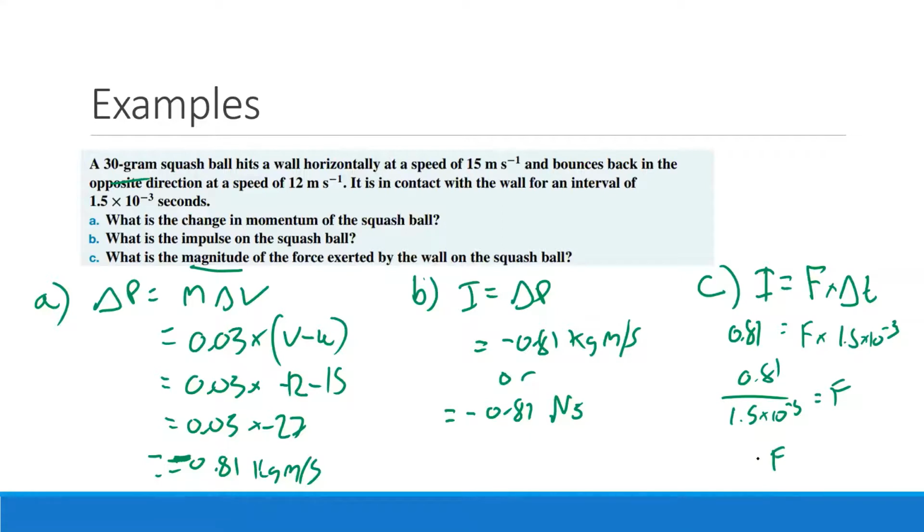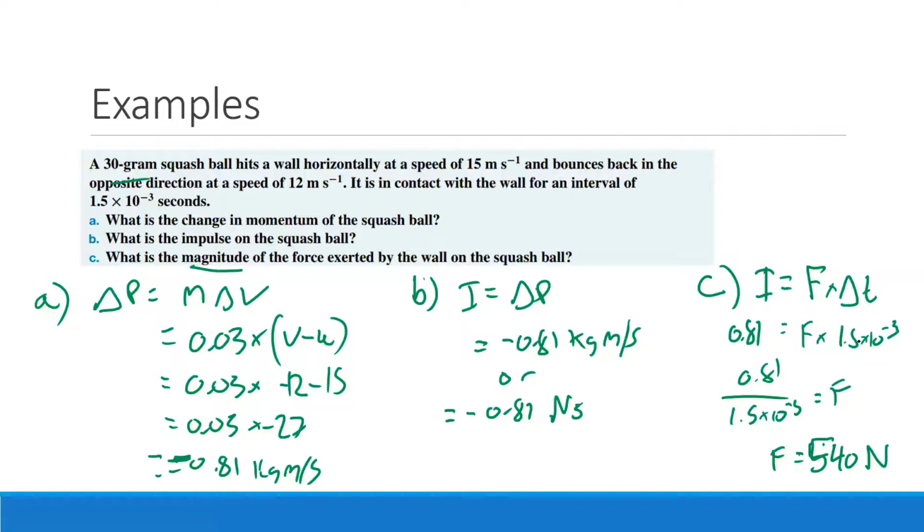Now you guys might be saying, sir, why did you drop the negative sign? I don't need the negative sign. I just need the size, the magnitude. So it doesn't bother me what direction that force is acting. 0.81 divided by 1.5 times 10 to the negative 3 gives us 540 newtons. And that's the force that's going to push it and change that speed.